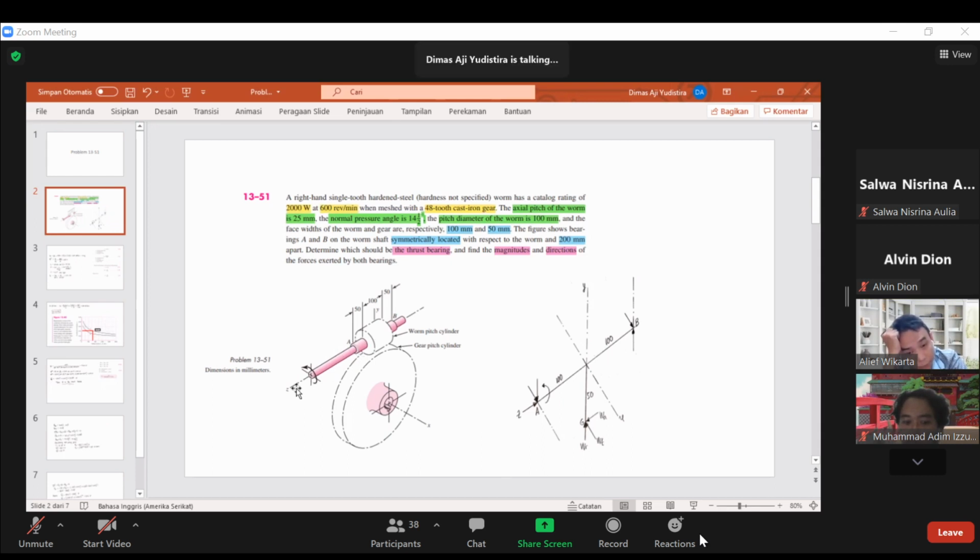Kan dia di sumbu Z, jadi arah aksialnya berlawanan gitu. Bisa loh, shaft punya arah itu loh. Bukannya dia tergantung kemiringan ya. Kemiringan worm.